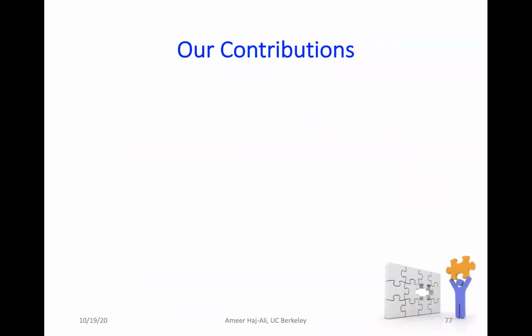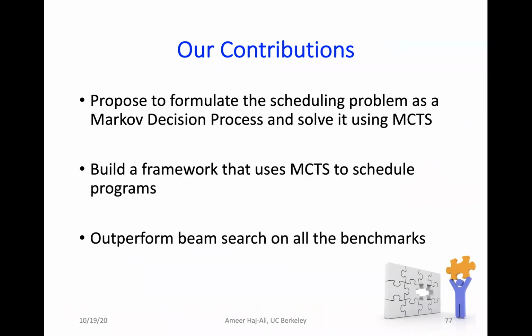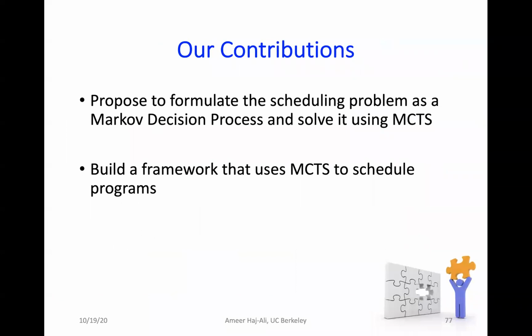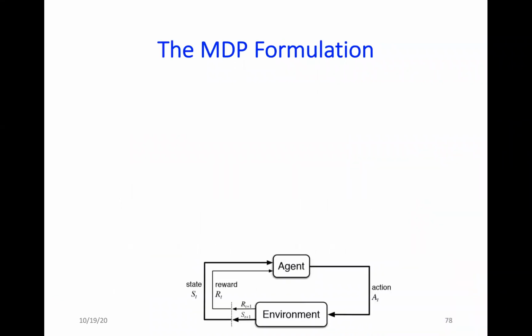So our contributions are that we propose to formulate the scheduling problem as an MDP, again, Markov decision process. This time we solve it with Monte Carlo tree search. We build a framework that uses MCTS to schedule programs, and we outperform beam search on all the benchmarks. So how we formulated the MDP, now that you're more familiar with what an MDP is, with agent and environment: we determine the reward to be 1 divided by the execution time.